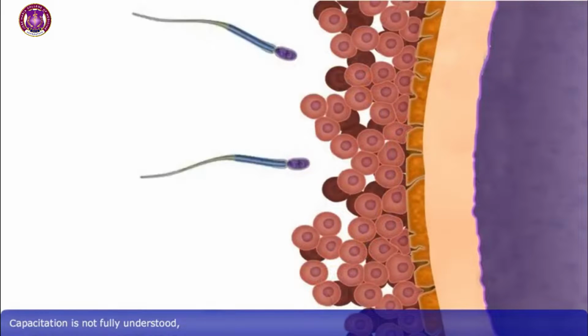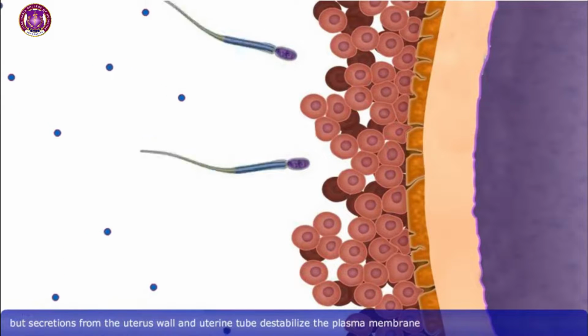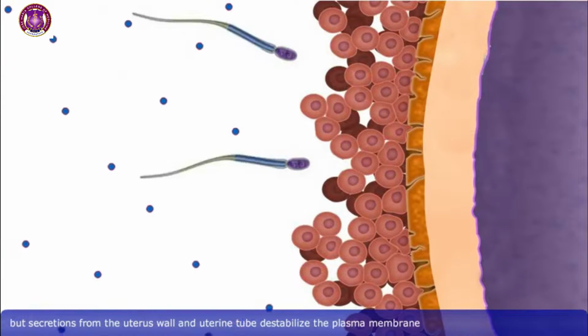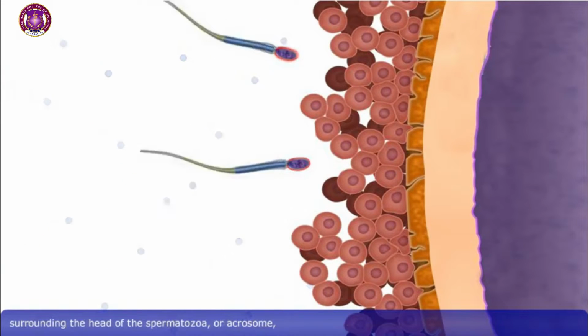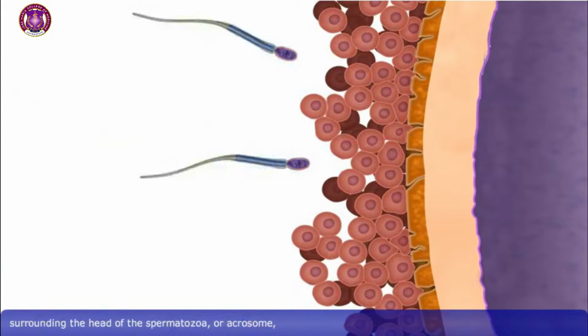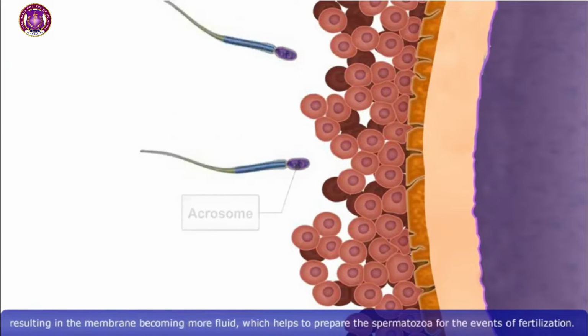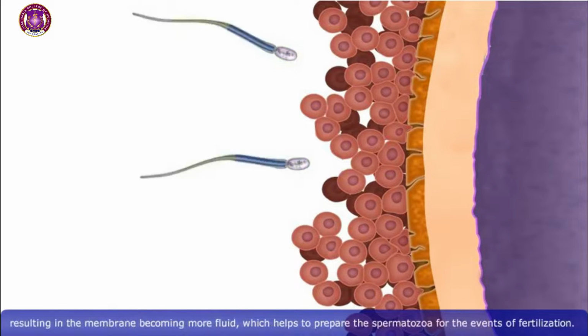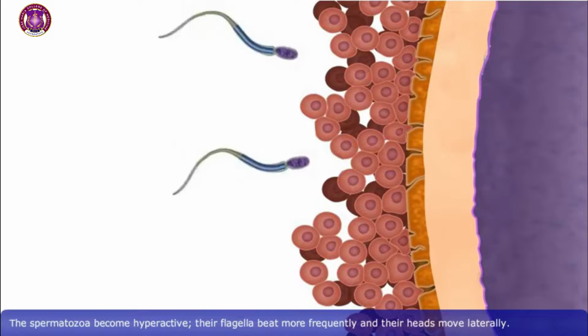Capacitation is not fully understood, but secretions from the uterus wall and uterine tube destabilize the plasma membrane surrounding the head of the spermatozoa, or acrosome, resulting in the membrane becoming more fluid, which helps to prepare the spermatozoa for the events of fertilization. The spermatozoa become hyperactive.